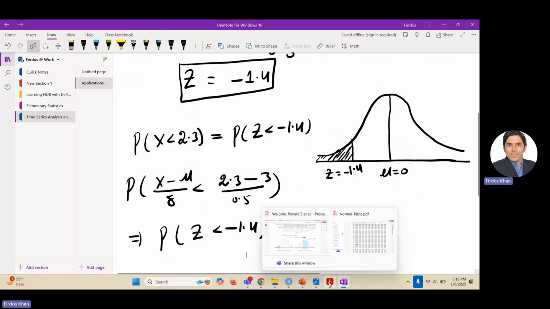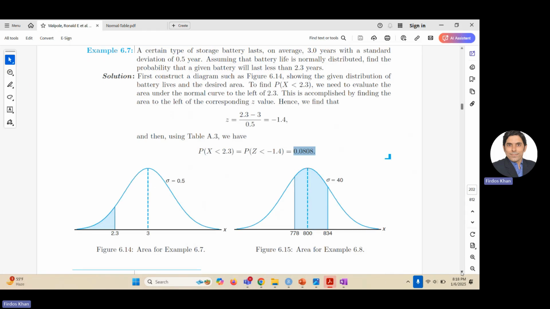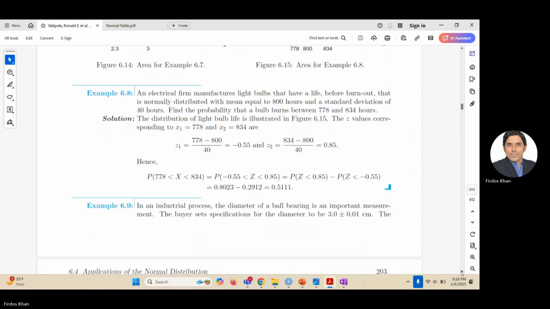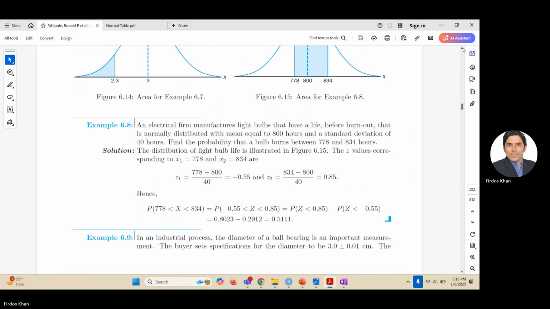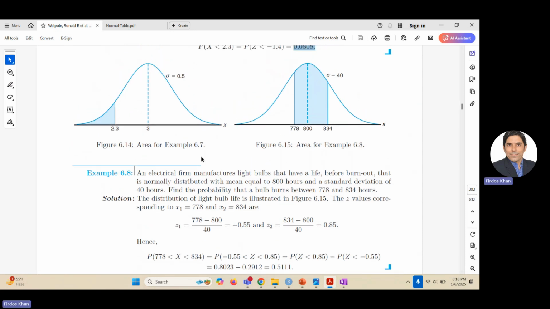Now we can move to another example, how we can do it if the problem is given in some other way. An electric firm manufactures light bulbs that have a life before burnout that is normally distributed with a mean equal to 800 hours and a standard deviation of 40 hours.